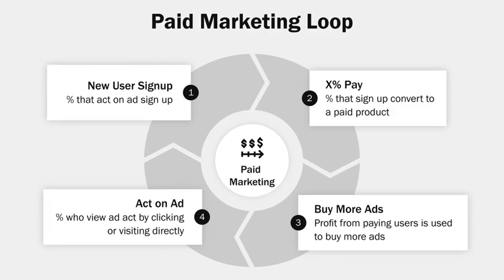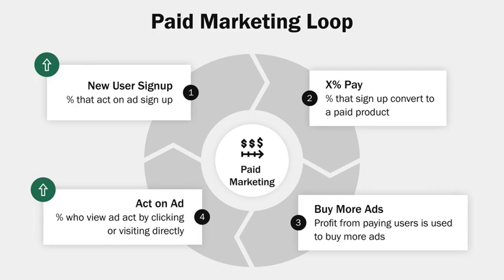So if we look at the steps of the paid marketing loop, where a new user signs up, a certain percentage pay, then we use that capital to buy more ads, and then a percentage act on those ads in order to repeat the cycles of the loop. That brand is going to do a few things. The first is that we're going to see an increase in the click-through rates and the percentage of people who click on that ad. People recognize those brands, and therefore it's going to produce higher click-through rates.